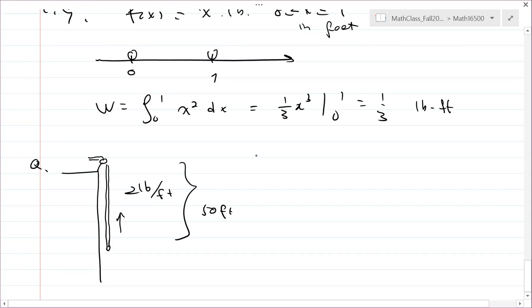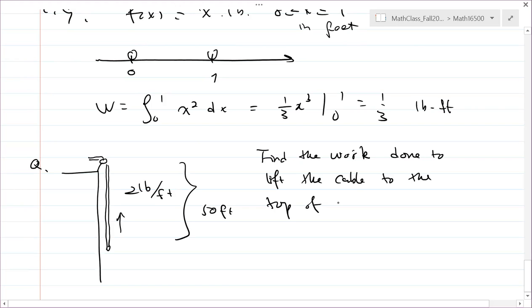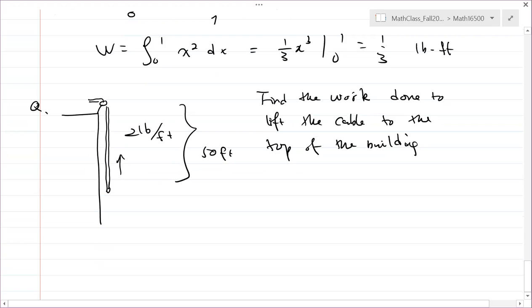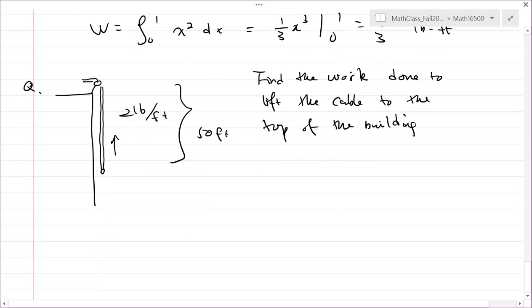So you're not given the function x to lift the cable to the top of the building. Here we are solving the problems. It's quite different from the high school maths.